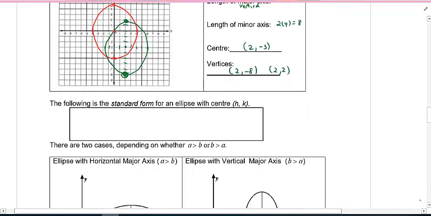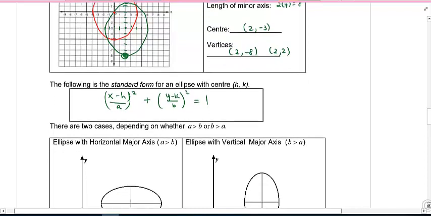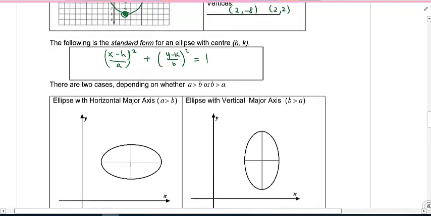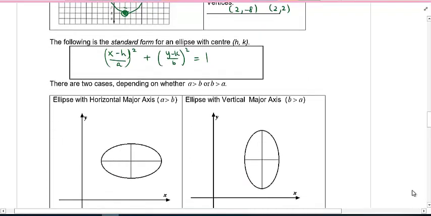So in general, the standard form of an ellipse, where the center is at (h, k), is (x minus h) all over a, all squared, plus (y minus k) all over b, all squared, equals 1. And just to double check once again, if a is bigger than b, we have different types of ellipses.